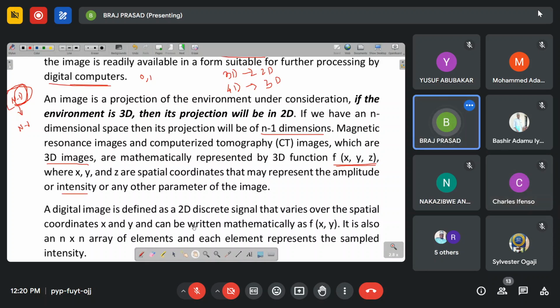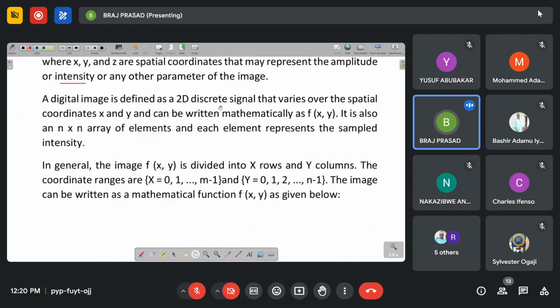A digital image is defined as a 2D discrete signal. On this basis, there are two types of signal: 1D signal and 2D signal. And the questions that will arise on this topic are: what is a signal?